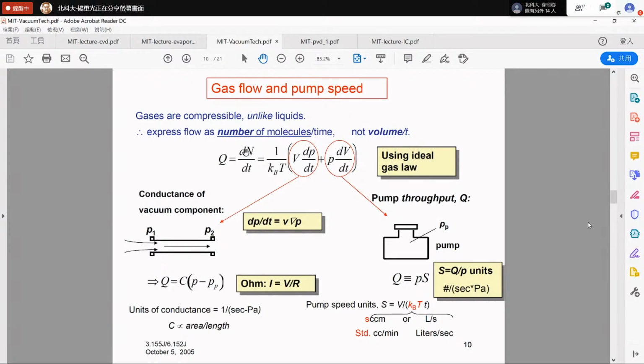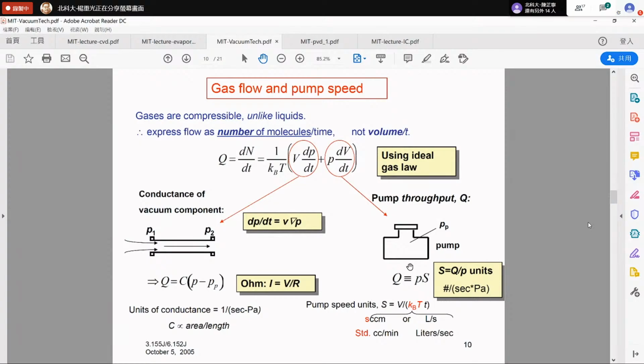So divide by T and take the total derivative of PV, which becomes V dP and P dV. The pressure times volume change with time is the pump throughput, and the volume times pressure difference is the conductance of the vacuum component.